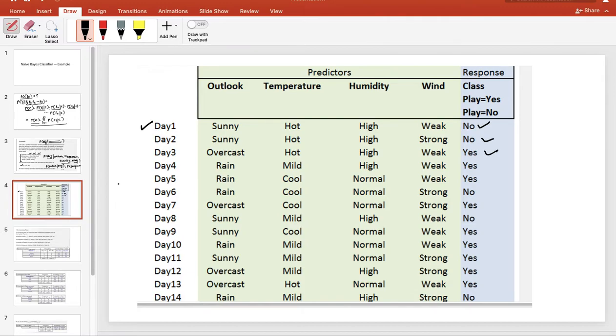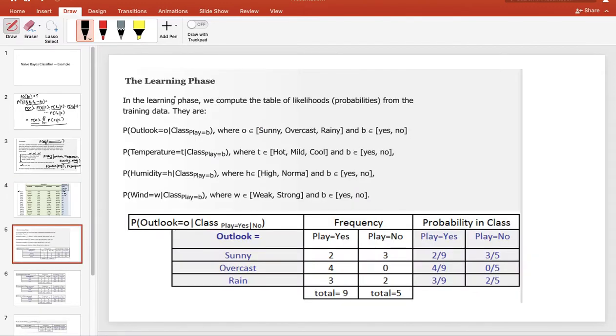After training our classifier with this data, we'll ask the question to our classifier with unknown features or weather forecast: with that forecast, should we play or not? Now for training the classifier, in the learning phase, what will we compute? The main probability we want to compute is the probability of playing, yes or no, given the weather conditions: outlook, temperature, humidity and windy.